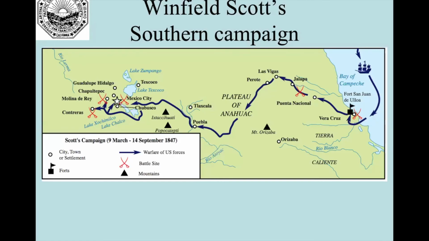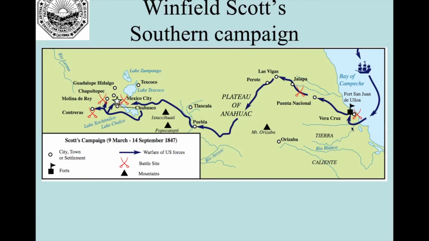So what did Scott do? Scott landed with the Marines at Veracruz, right here. And what's not on this map is presumably Taylor's men that had been ordered by Polk to meet up at Veracruz. They must have marched down the coast, but I don't actually know the details of that.